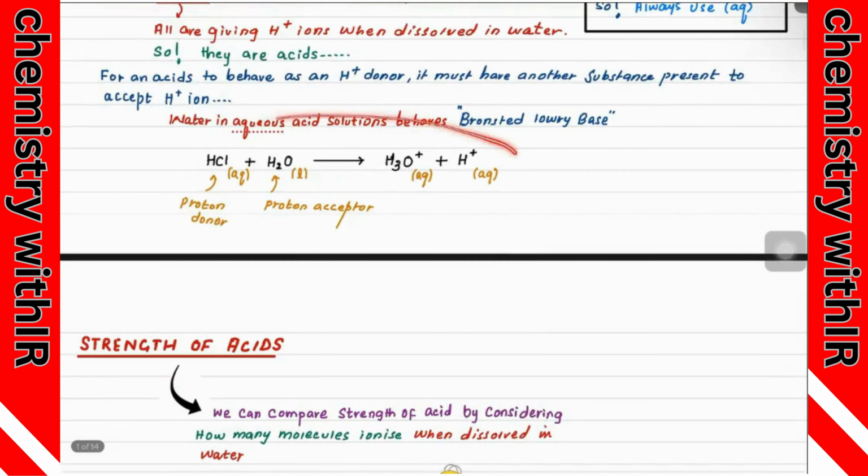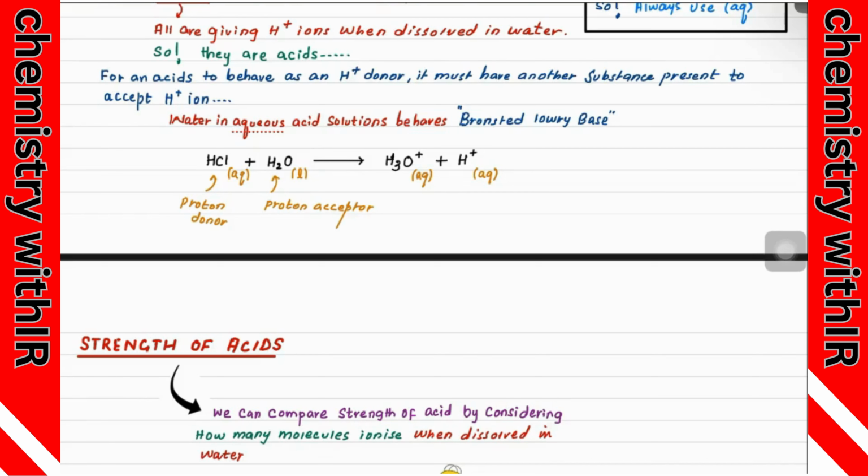You can see this when I have dissolved HCl in water. H2O is going to accept a proton from this acid. You can see that on the reactant side it was H2O, but on the product side it is H3O positive. What does it mean?